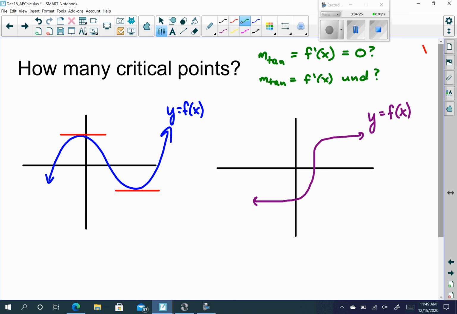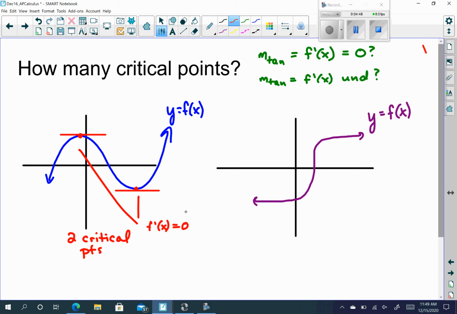So over here, we would say we have two critical points. We would have one critical point up here and another critical point down here. So again, this is where the derivative is equal to 0. So in this case, f prime of x would equal 0.